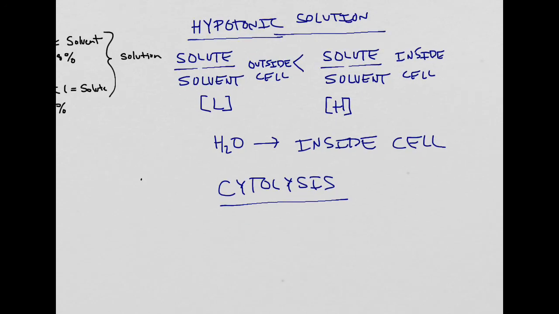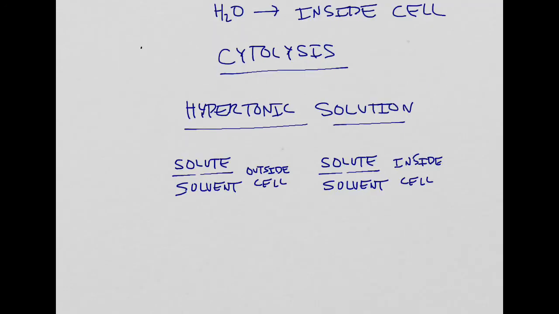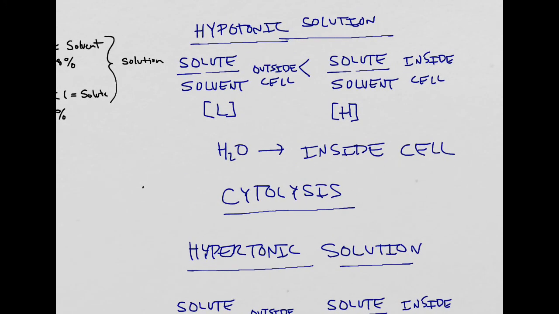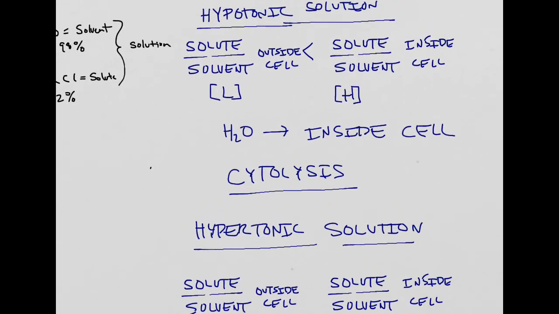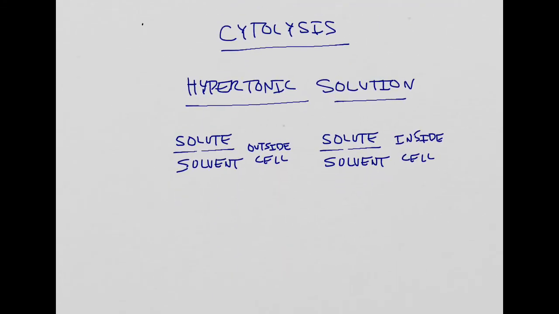So now imagine a case where this is reversed, and we have what's called a hypertonic solution. So now if we look at our ratios of solute to solvent, before we saw we had less solute to solvent ratio on a low concentration outside the cell as compared to the inside. This time we're going to be seeing the opposite.